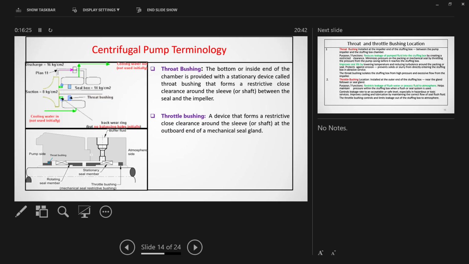Now, another two important items we are going to discuss are the throat bushing and the throttle bushing.